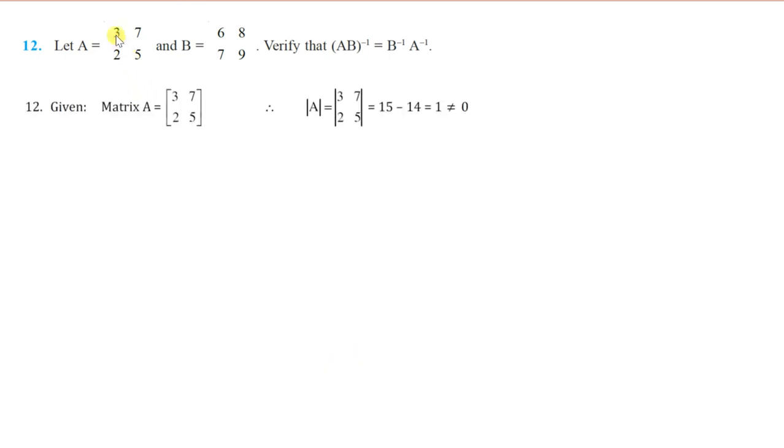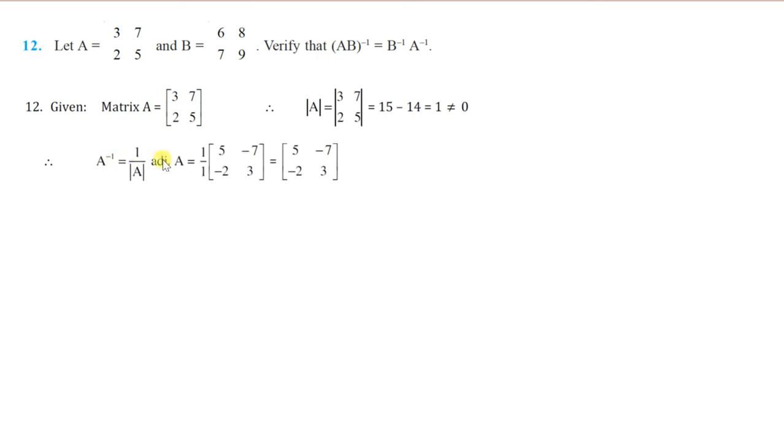Now, first of all, we have to find the determinant of A. Determinant A will be equal to 3 multiplied by 5 minus 2 multiplied by 7, that is 1, which is not equal to 0. It means its inverse exists.